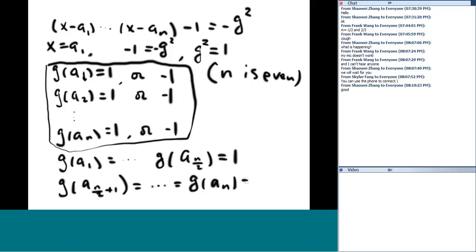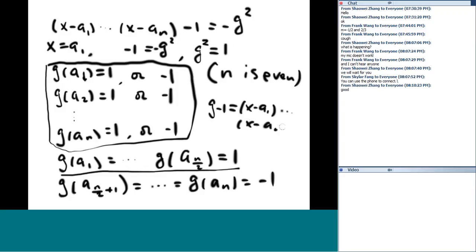Basically the half is going to say g minus 1 is going to be (x minus a1)(x minus a2), which is going to imply that. The second one is going to imply g plus 1. So this is already a problem.